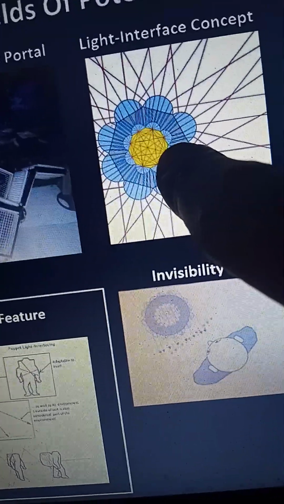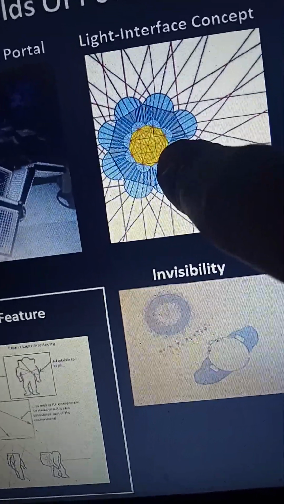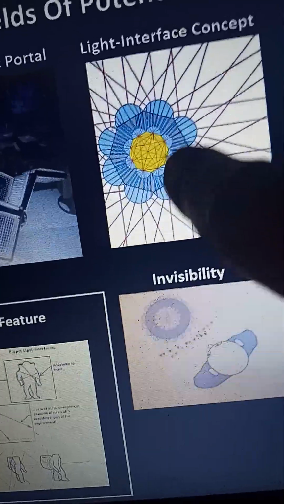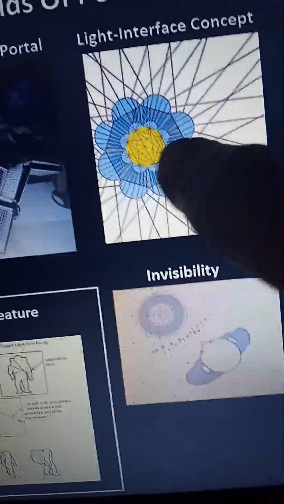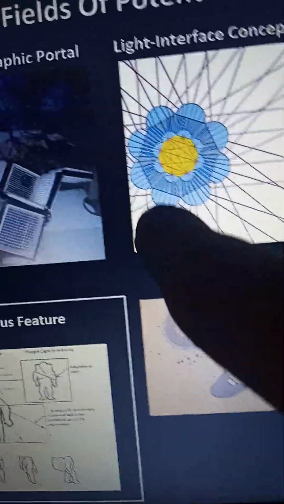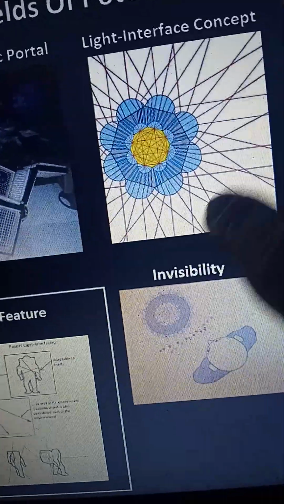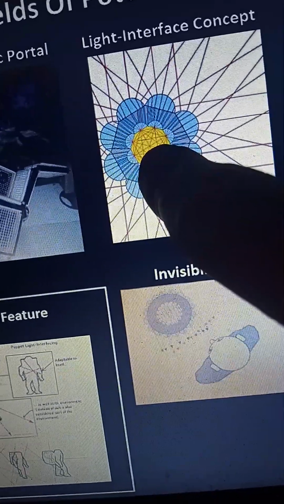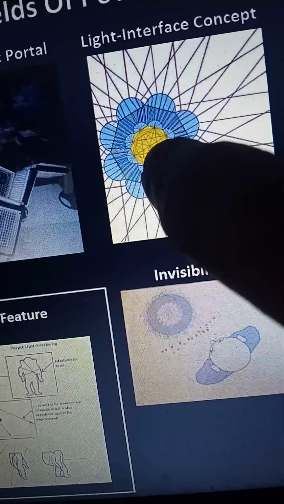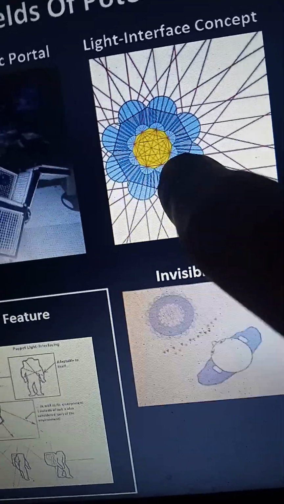I just call them holodecks because that's what's popularly known as a holodeck for people who are interested in Star Trek: The Next Generation. Invisibility turned outside in is a holodeck. And I'll just leave it at that.